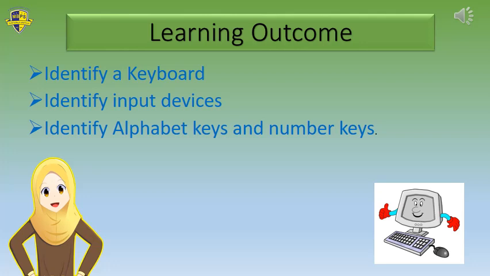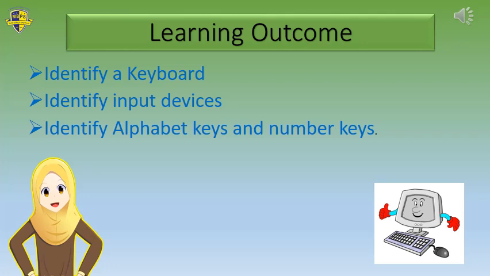So friends, in this slide we have the learning outcomes, 3 points. That means at the end of this lesson, we will be able to know these 3 points. Point number 1, identify a keyboard. Can you tell me point number 2?